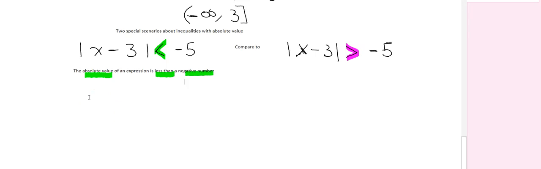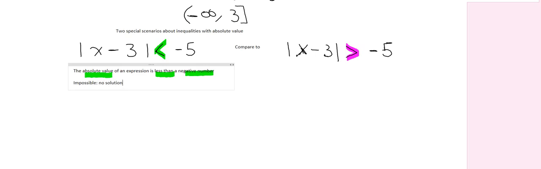Absolute value can never be less than a negative number. The absolute value must be greater than or equal to a positive number. So this one is impossible, and we will say no solution.